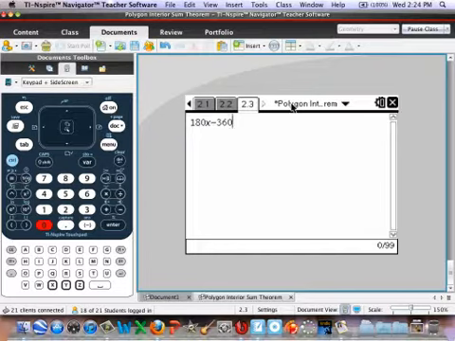But what do you notice about the 180x and the 360? Yeah, so you can actually factor that, right? And you were told to do that on the worksheet. So if we factor out 180 from x, then what's 360 divided by 180?